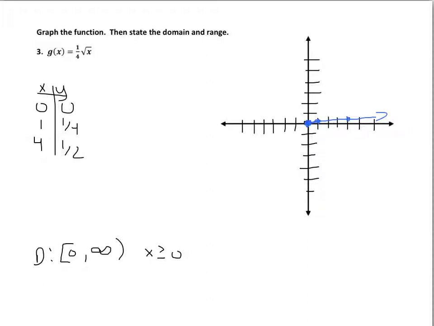So the range starts at 0, goes to infinity. So here's the thing. If you remember, the range here, A was positive, that means it's going to end up at positive infinity. In the first example, A was negative, and see how it ended up at negative infinity? Okay.